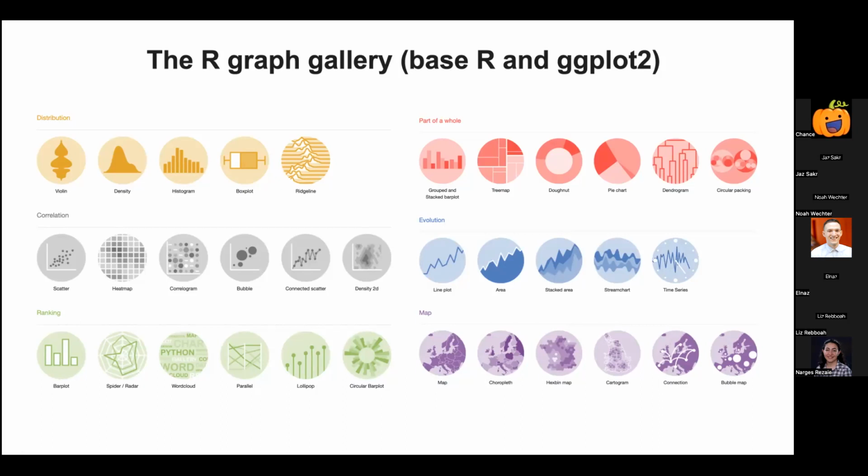The GG stands for grammar of graphics, where you start with your data set and then add one piece at a time. If you want a scatter plot, then the dots will show up. And then if you want a regression line, the regression line will show up. But if you do it the other way around, the regression line will show up first and underneath the dots. So it's very clear what gets added onto the plot at what point.